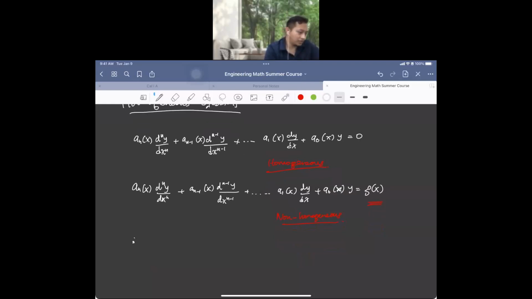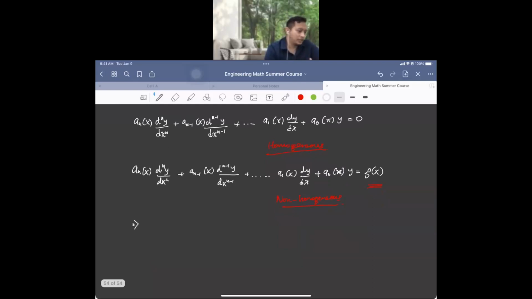Okay, we need to make some definitions, not definitions, but some restrictions. So the coefficients a of x, starting from 0, 1 until some n, they are continuous.